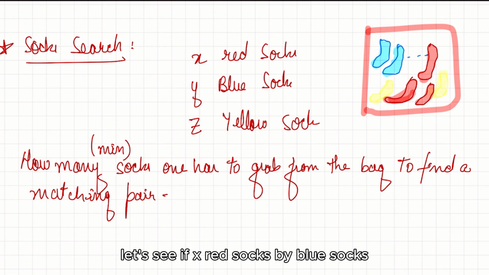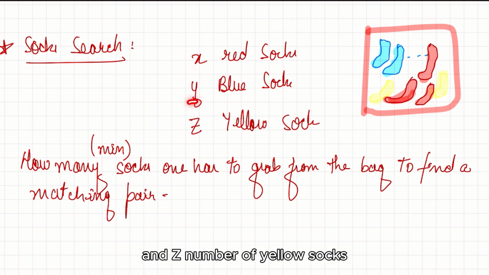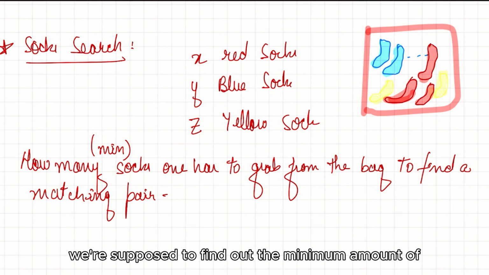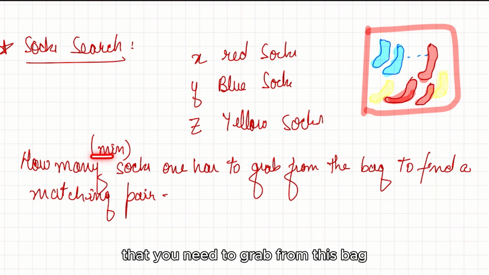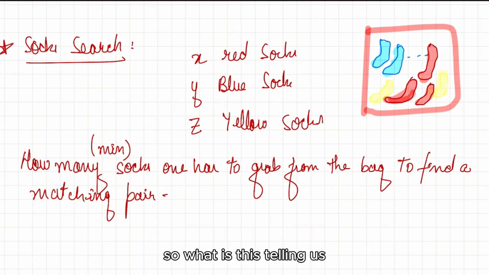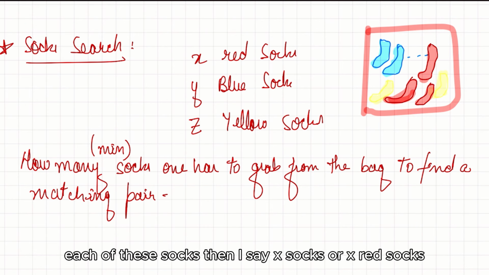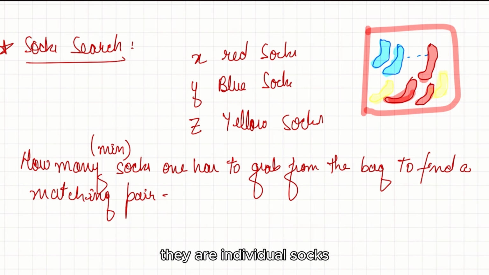Let's say you have X red socks, Y blue socks, and Z yellow socks. So what we're supposed to find out is the minimum number of socks that you need to grab from this bag in order to find a matching pair. So what is this telling us? Each of these socks, when I say X red socks, they are individual socks.